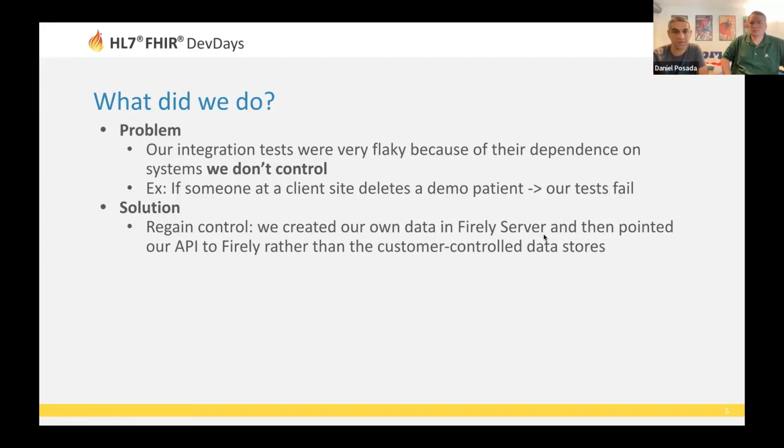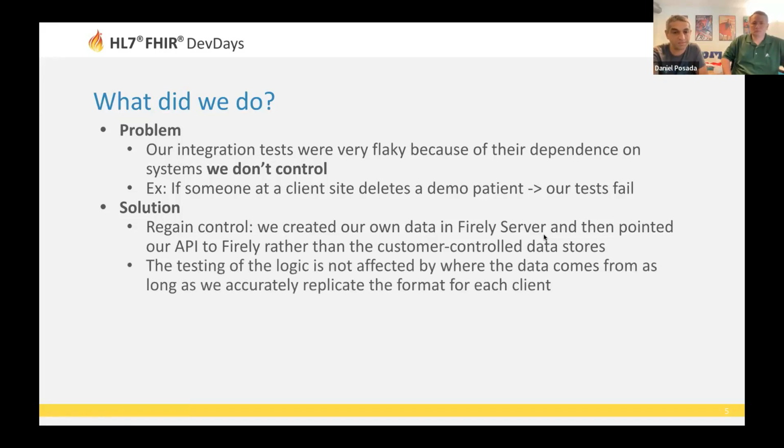them with FHIR Server. And that allowed us to point our API at FHIR Server and create our own data elements, our own resources in FHIR Server, and have an ecosystem that was completely under our control for the purposes of our integration tests.